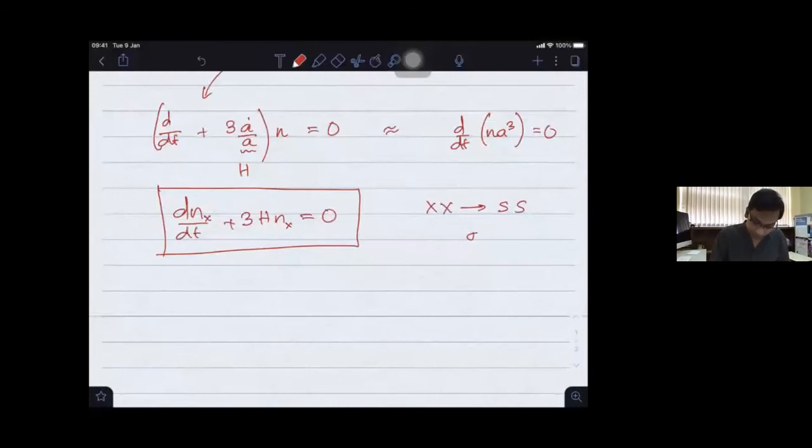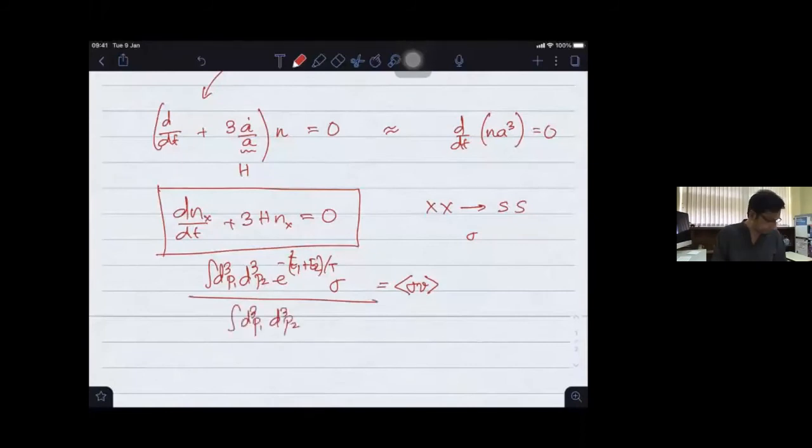What appears is a quantity called the thermally averaged cross section. This is actually a rate per unit density. It has the definition: integral d3p1 d3p2 e to the power minus (E1 plus E2) over T times sigma, the whole thing divided by integral d3p1 d3p2 e to the power minus (E1 plus E2) over T.